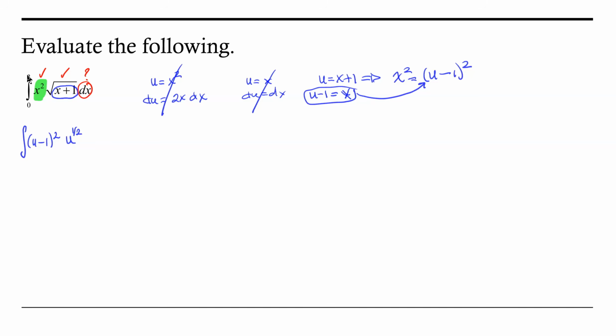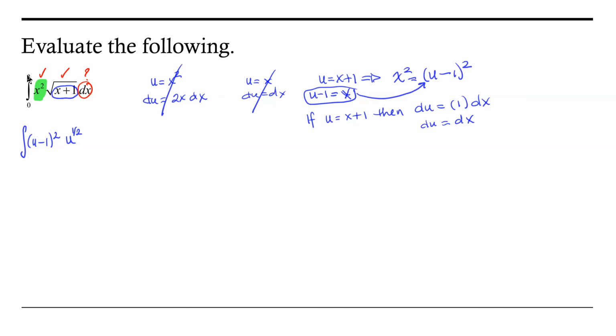I still need to deal with the dx. So let's come back over here. If u is equal to x plus 1, then du is equal to the derivative of u. The derivative of u is 1 dx, or we could just say that du is equal to dx.